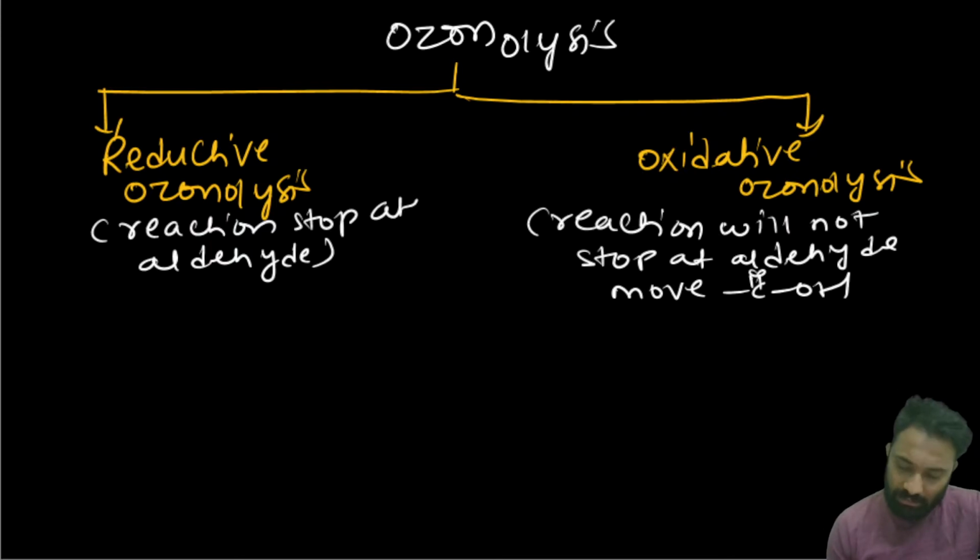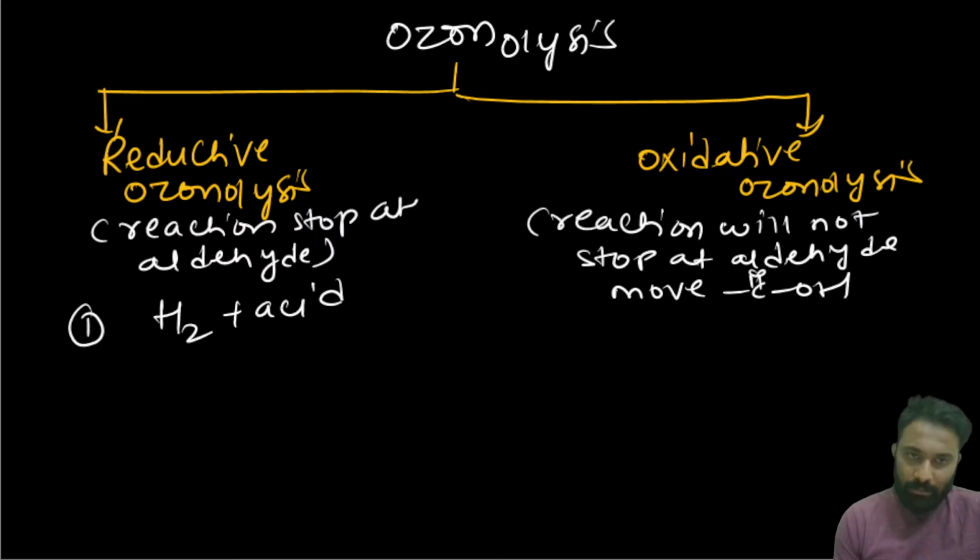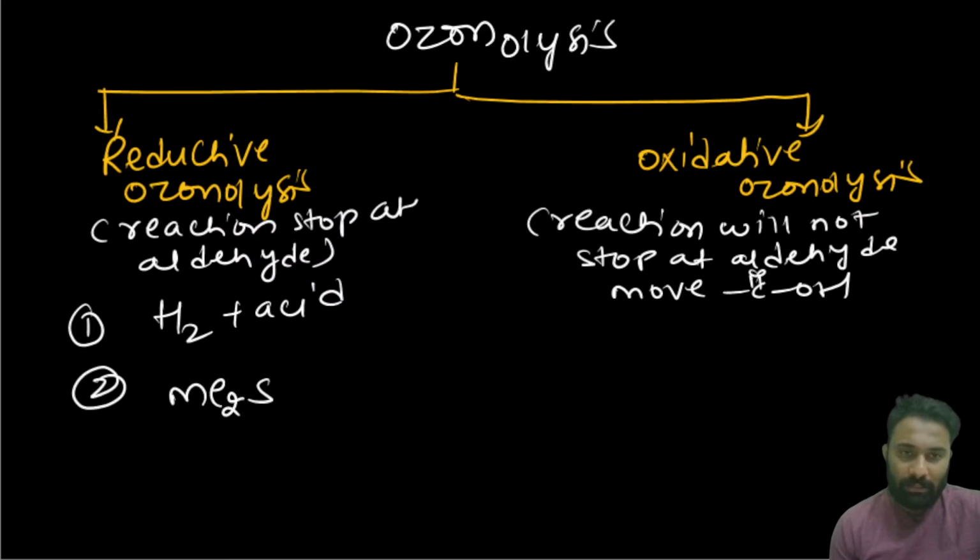Now what are the reagents? For the reductive ozonolysis, we will take H2 plus acid. Second, dimethyl sulfide. Then PPh3, triphenyl phosphine.